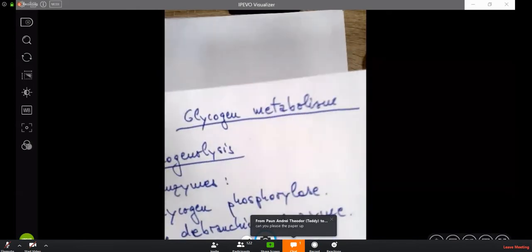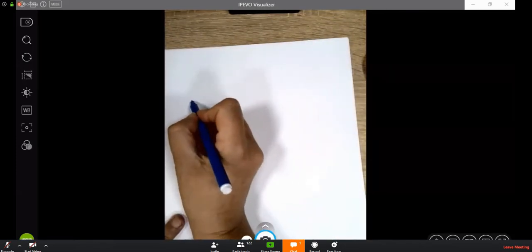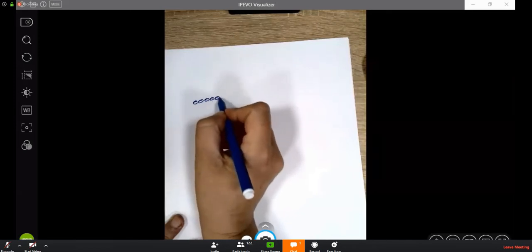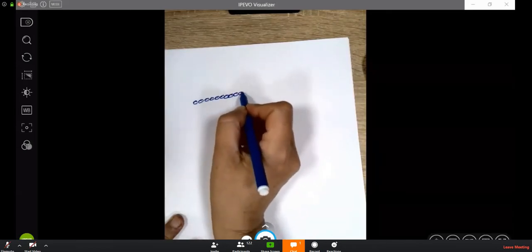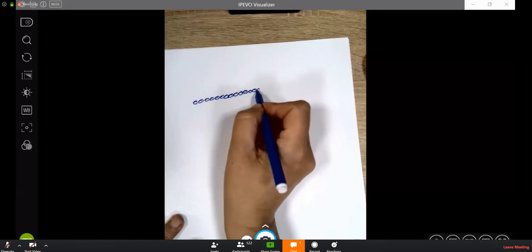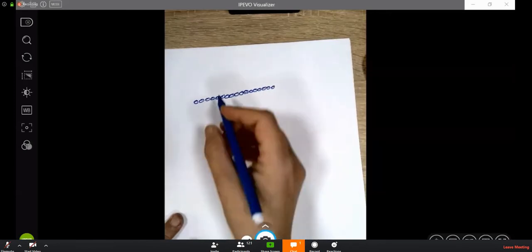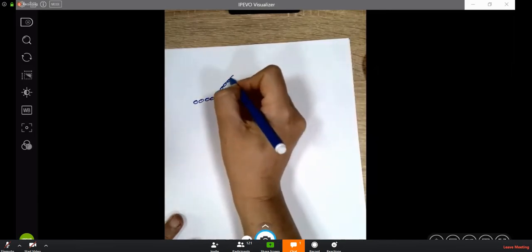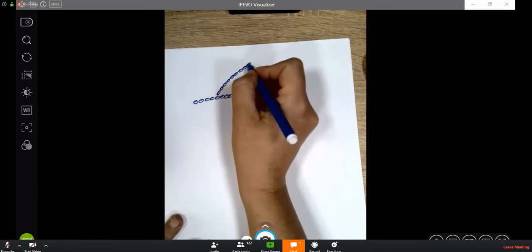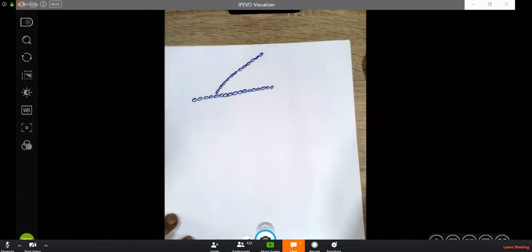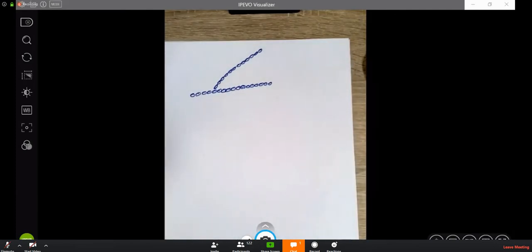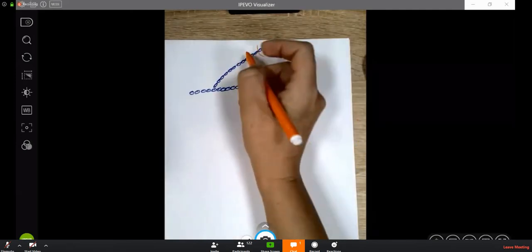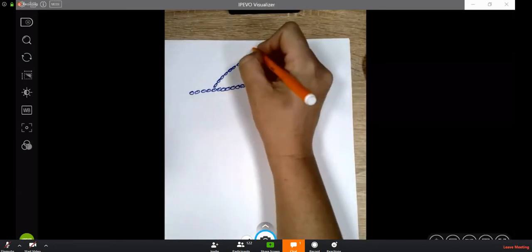So basically, what is happening? This is glycogen. So these are glucose molecules, 1,4 glycosidic bonded. And I have a 1,6 glycosidic bond here. First of all, glycogen phosphorylase is cutting the 1,4 glycosidic bonds.